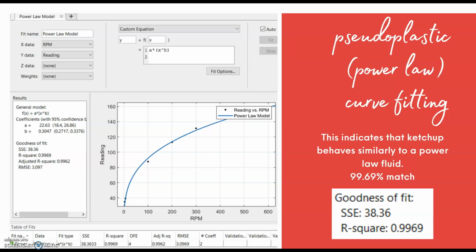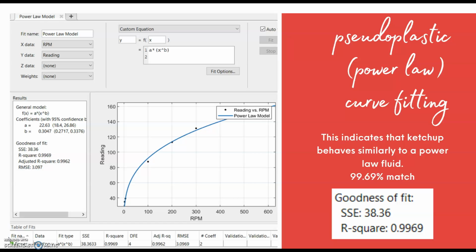Although the power law model is an acceptable curve fit, it is not the best option in this experiment. In a power law fluid model, there is no yield point, which contradicts background research regarding ketchup being classified as a yield stress fluid. Pseudoplastic flow models are often used to represent fluids that undergo shear thinning, since the viscosity decreases as the shear rate increases.